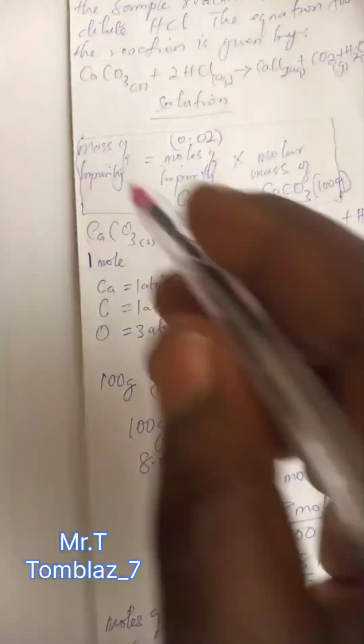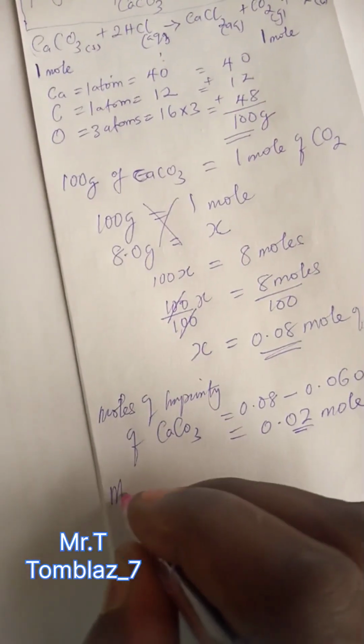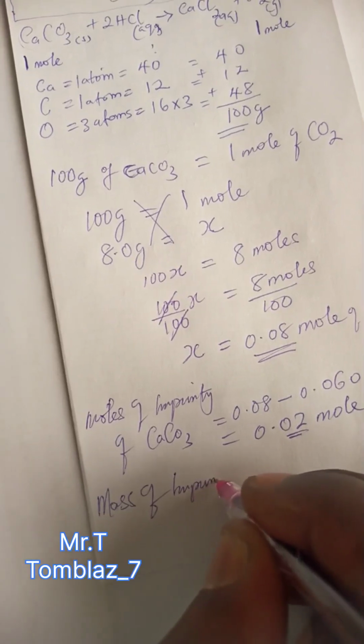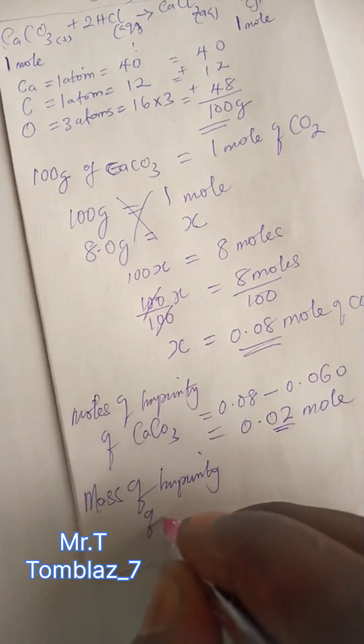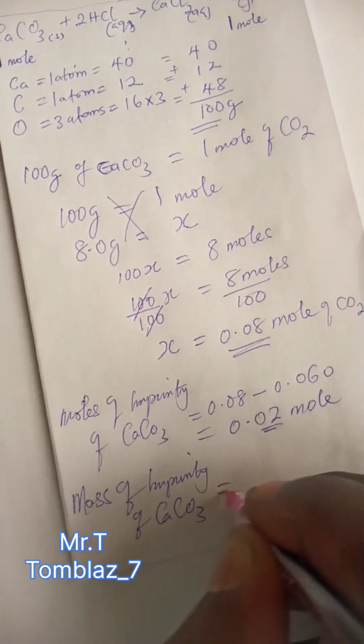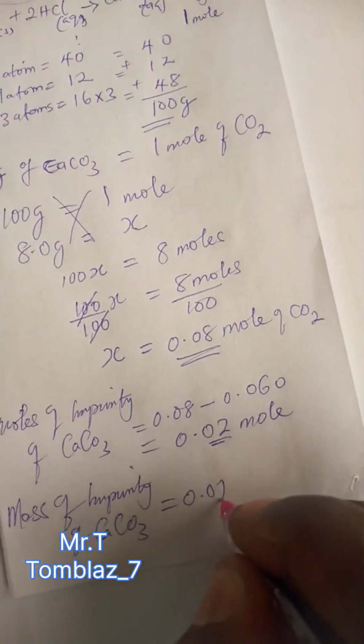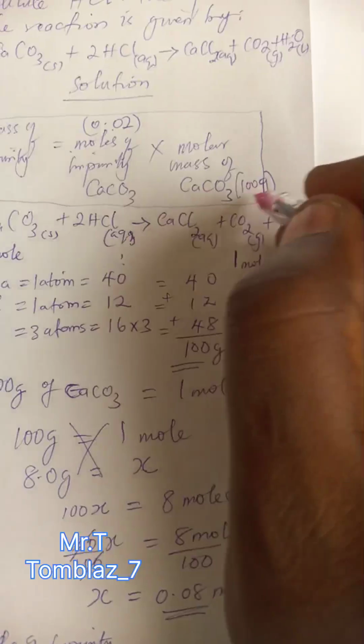So mass of impurity of calcium carbonate will give you 0.02 times 100 grams.